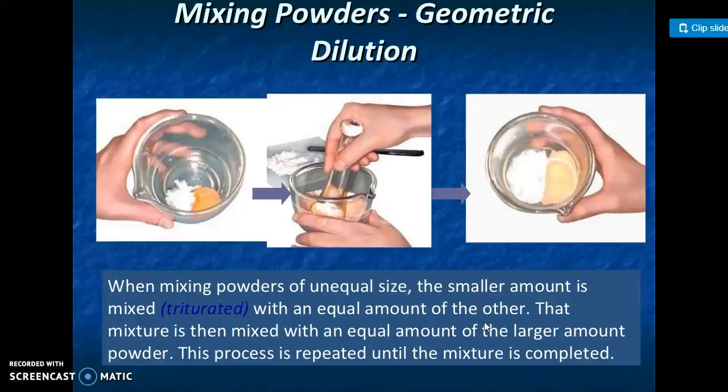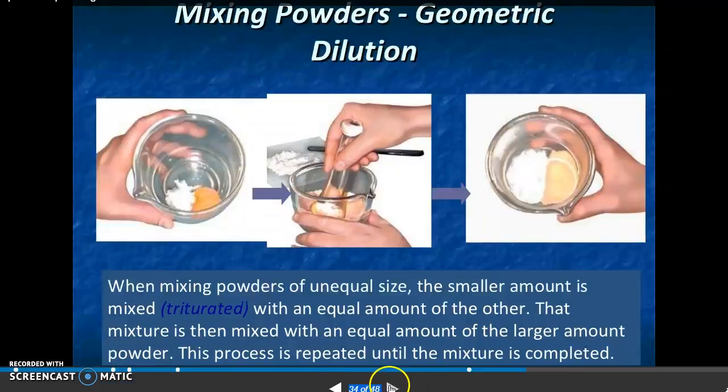That mixture is then mixed with an equal amount of a larger amount of product, and this process continues until the entire mixture is completed. This is a methodology for mixing powders called geometric dilution.